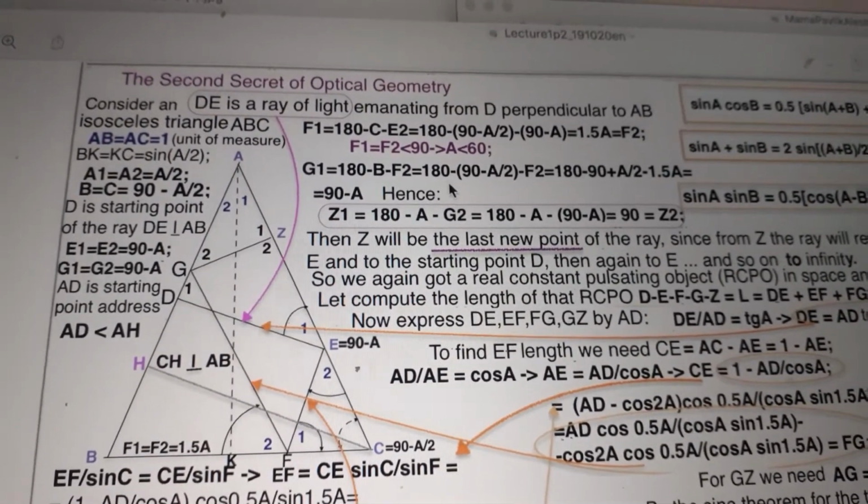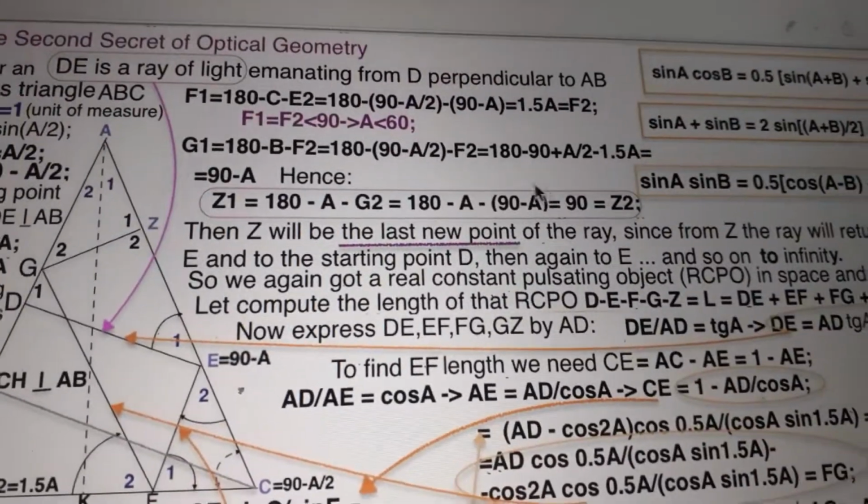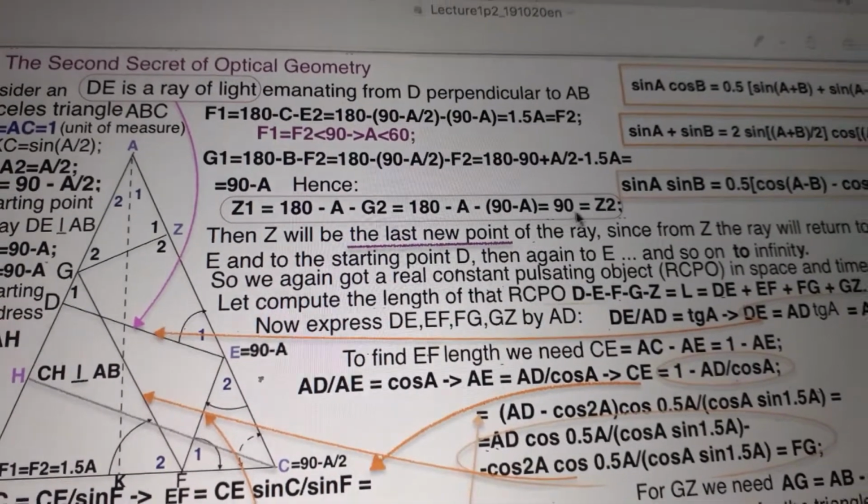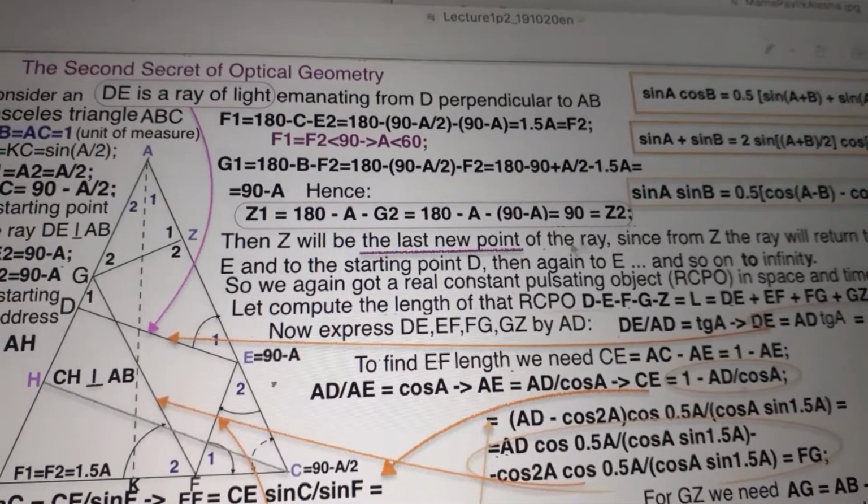And then angle Z is equal to 90 degrees. It is the right angle and equal to Z2.